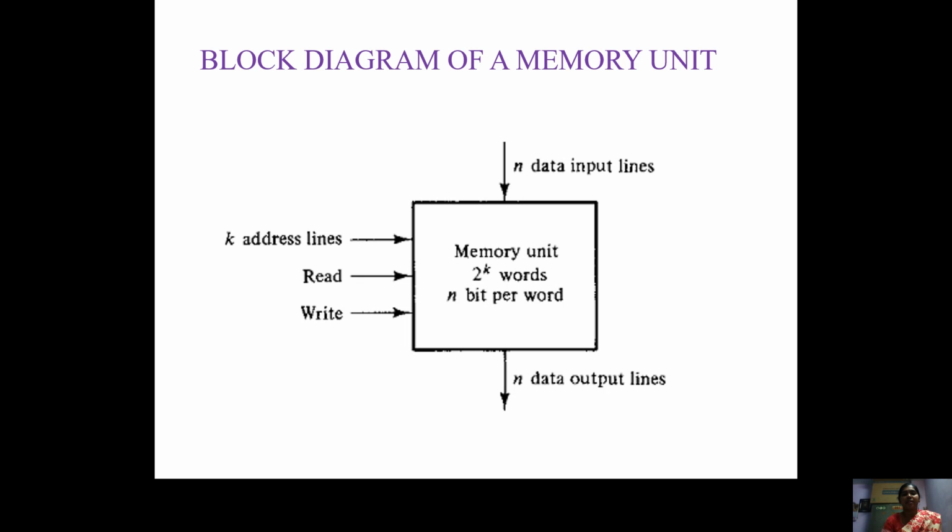K address lines are necessary to store the information or to get the information from a particular location. Here read and write are two control signals, to specify whether the information is read from the memory or written into the memory.